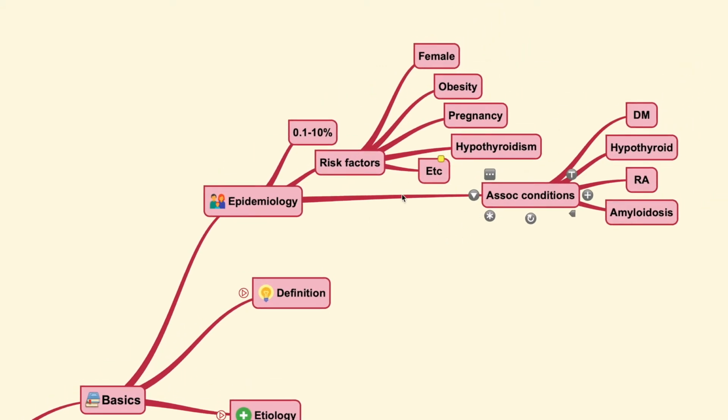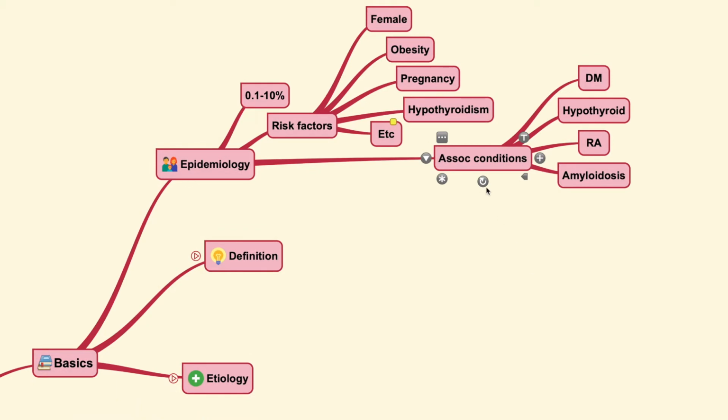Epidemiologically, this condition is related with certain risk factors such as female sex, obesity, pregnancy, and also hypothyroidism. Be sure to check out my first video that discusses compression neuropathy in general, so that you get a good grip on what is going on here. And the associated conditions include these conditions.